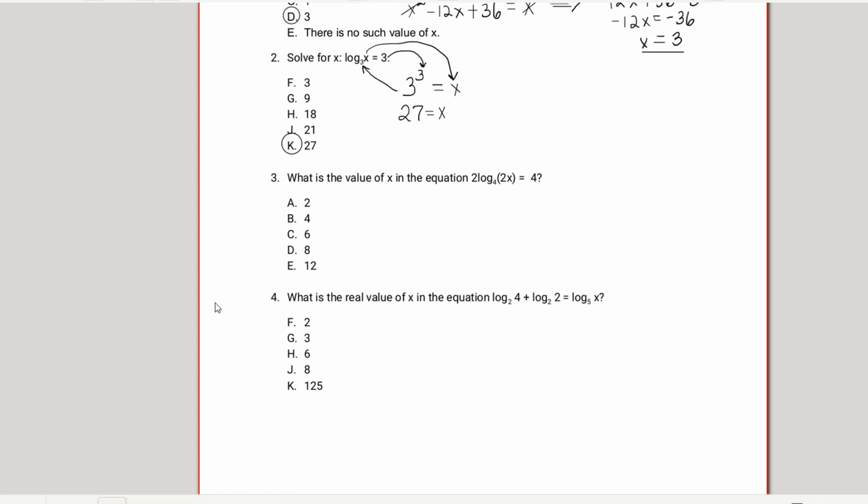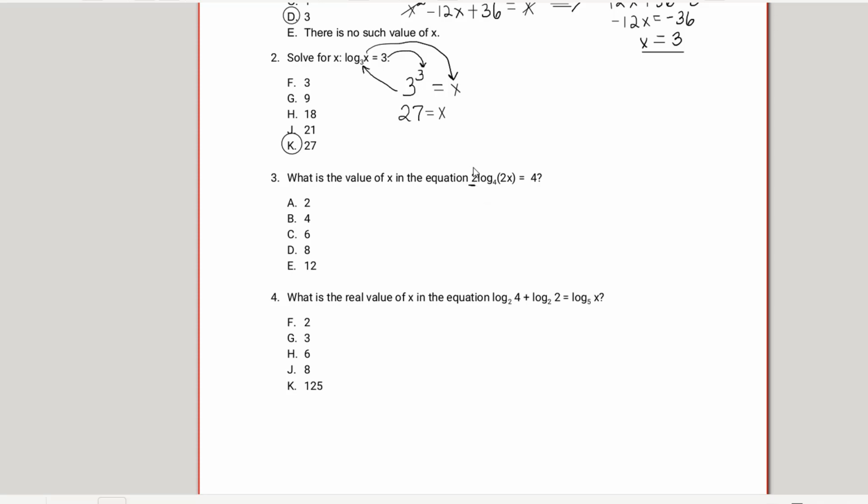Number 3 says, what is the value of x in the equation 2 times the log base 4 of 2x equals 4? We're going to have to make use of our properties here that have to do with logs, and we want to handle this 2 out in front, because then I can write it from log form to exponential and solve.